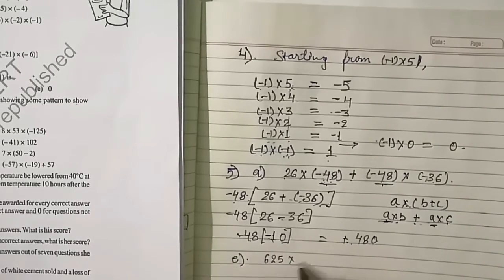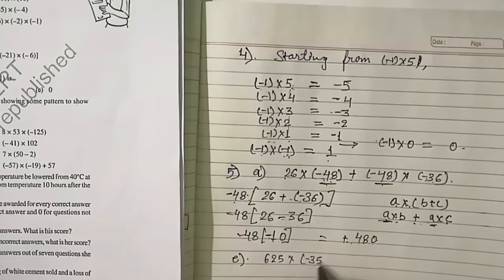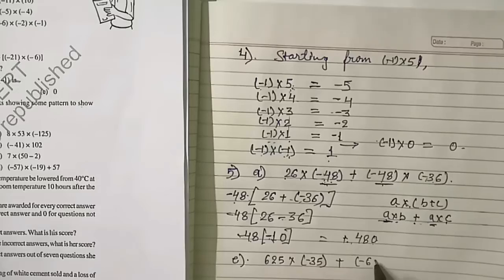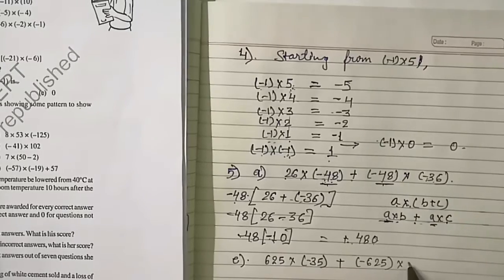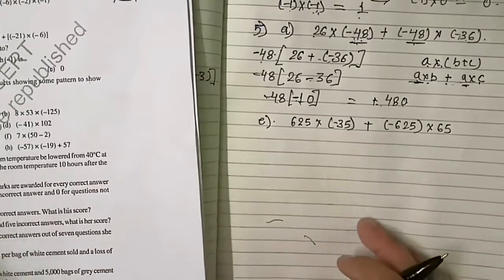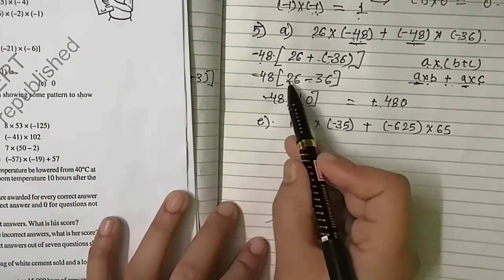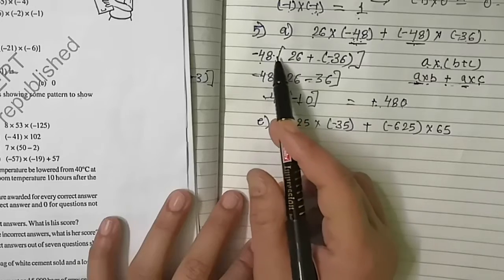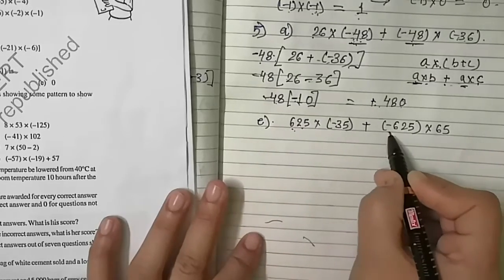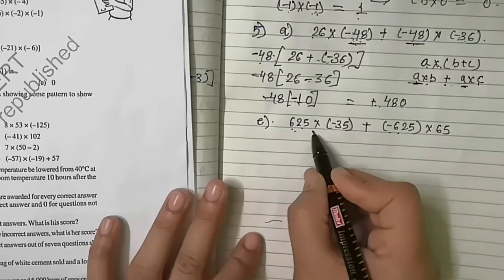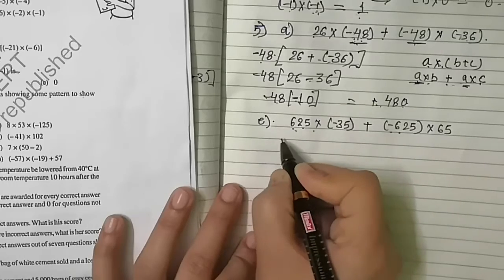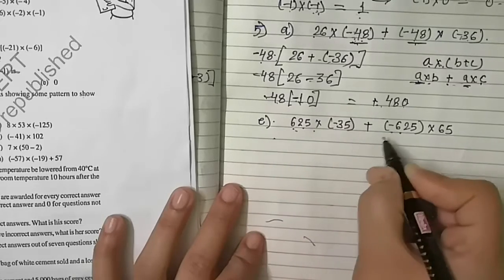625 multiplied by minus 35, plus minus 625 into 65. So students, here the same thing we did in question A is given. 625 is given in both places, two times, so we can take it common.